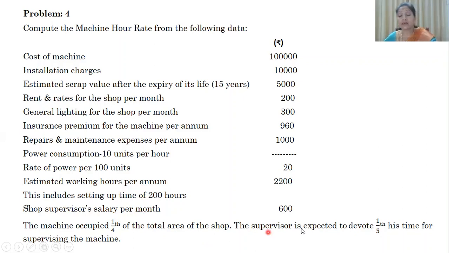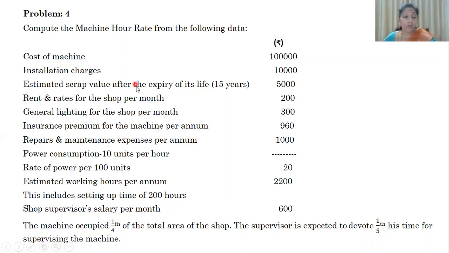The supervisor is expected to devote 1/5 of his time for supervising the machine. We have to write it. Don't forget it.